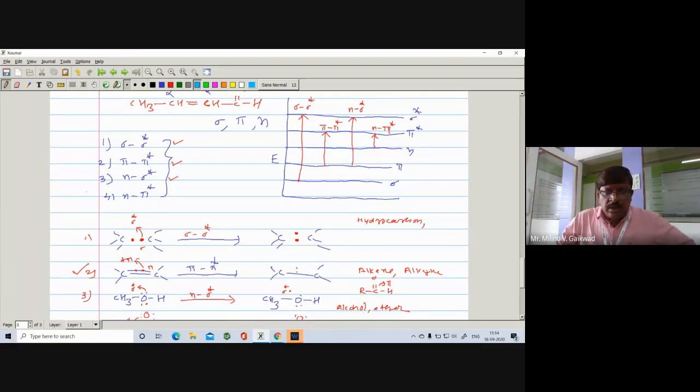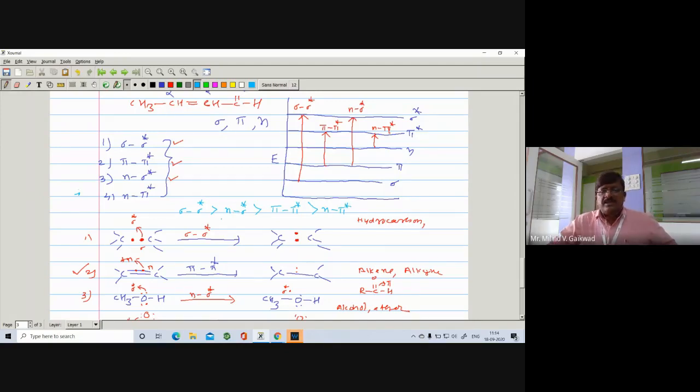Sigma to sigma star requires the most energy. Then n to sigma star, then pi to pi star, and then n to pi star.